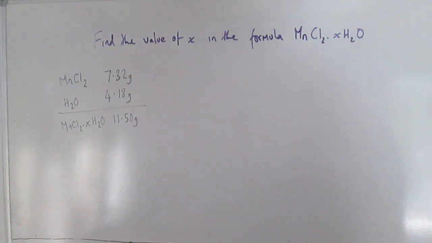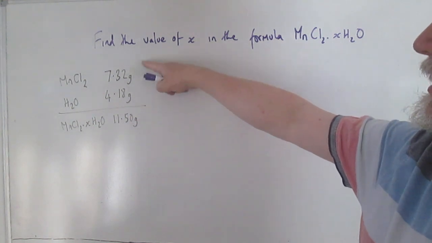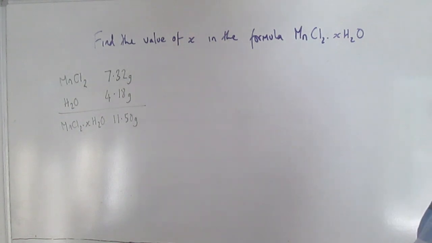That's all x is. So really all we have to do to work out what x is, is work out the moles of water and the moles of manganese chloride, and then divide. X is the moles of water divided by the moles of manganese chloride. So that's the method we're going to use.